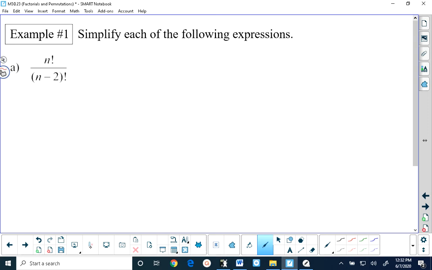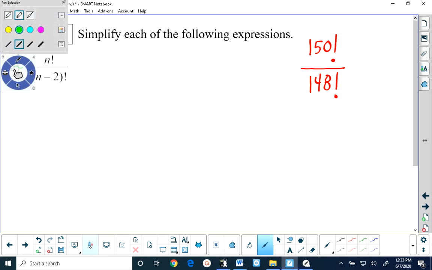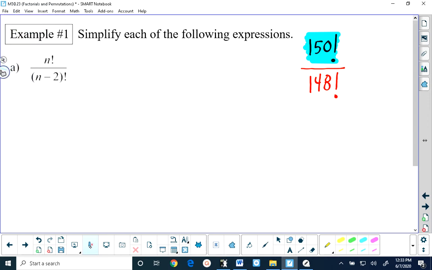If we're asked to simplify n factorial over n minus 2 factorial, what we're going to have to do is expand one of these factorials because the other factorial will be contained within it. Remember that when we had 150 factorial over 148 factorial, it was the 150 that we expanded, because it was a bigger thing than 148.